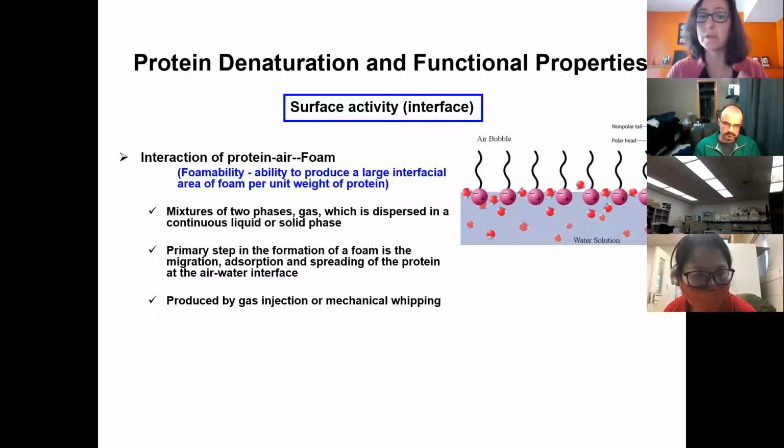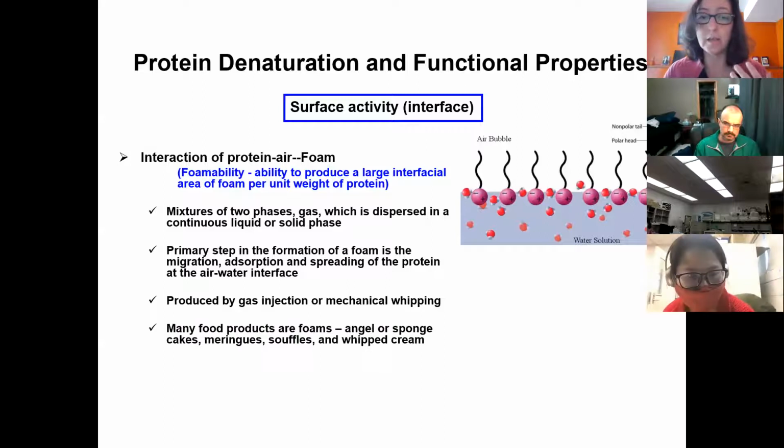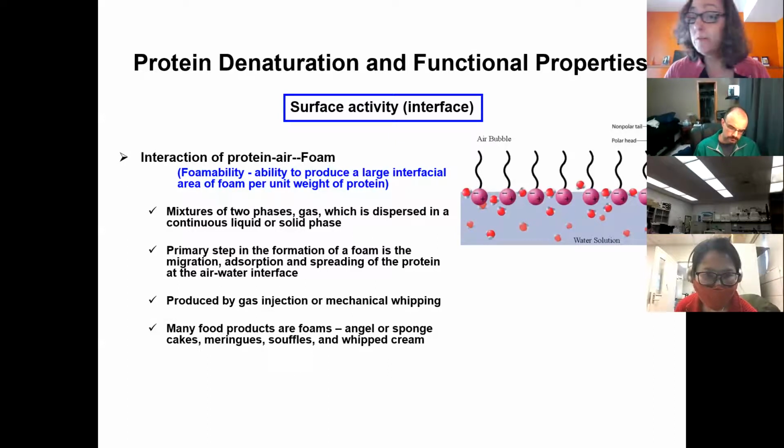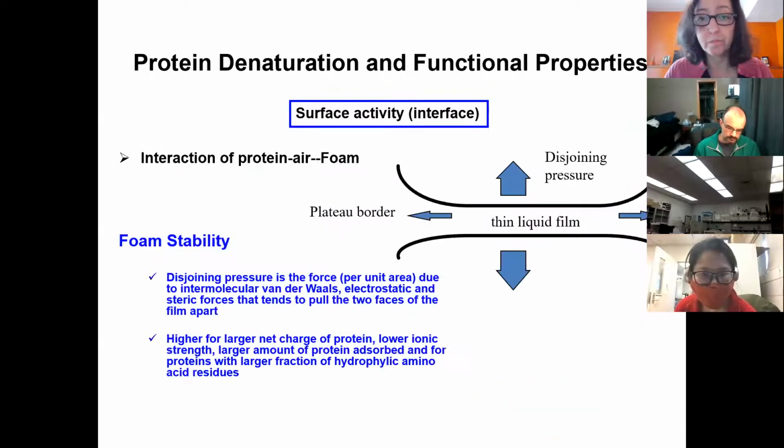We need some force, some work that allows the protein to denature, get to the interface, and orientate its components. Usually you either do mechanical whipping or injection of gas, but mechanical whipping helps with denaturation of the protein. And there are a lot of different foods that are foams, and they are listed here.